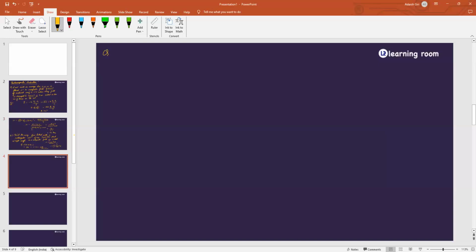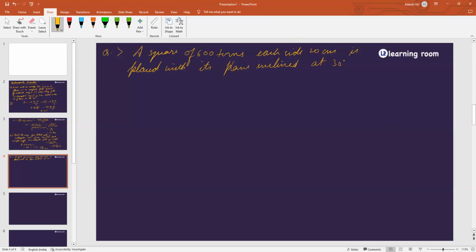Correct. Good. All right. Next question says that a square coil of 600 turns, each side 20 centimeter, is placed with its plane inclined at 30 degree to a uniform magnetic field of 4.5 into 10 to the power minus 4 Weber per meter square.